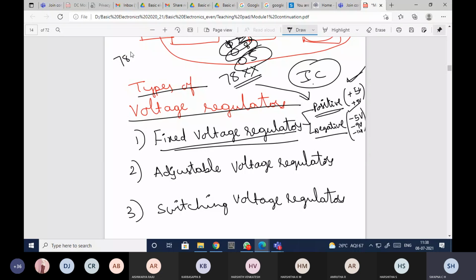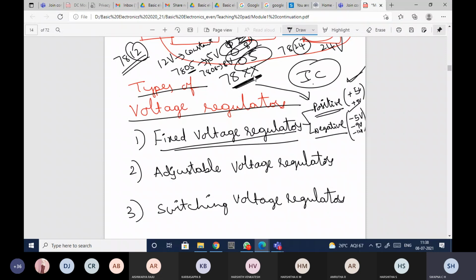Let me take 7812: it will provide you 12 volts constant output. Or 7805, which is plus 5 volts. 7808 will provide you 8 volts. 7824 will provide you 24 volts. So that is what it means.